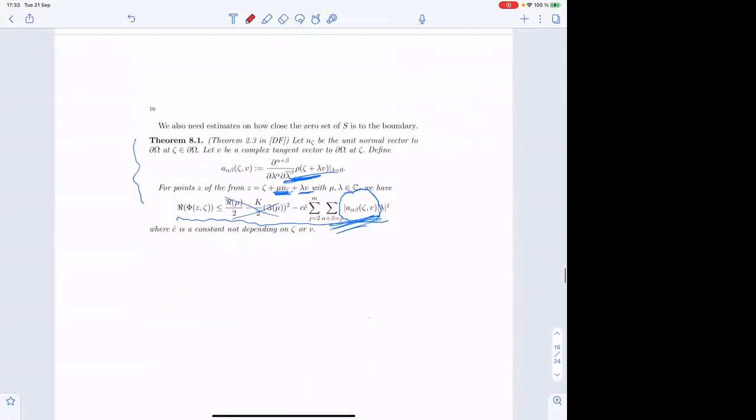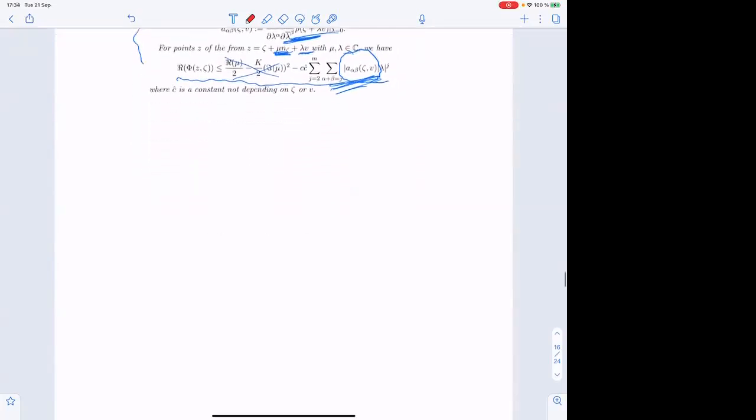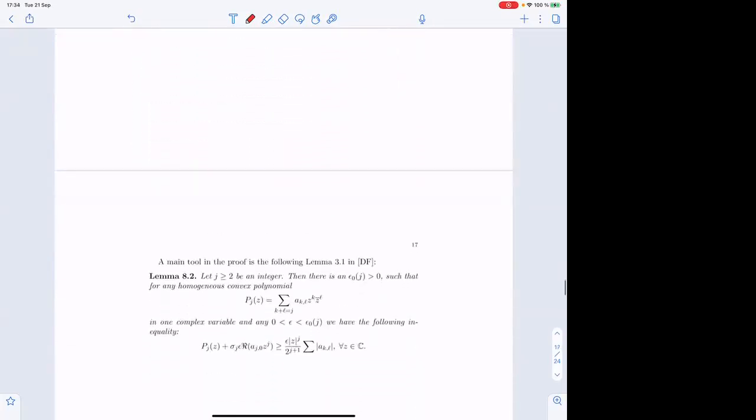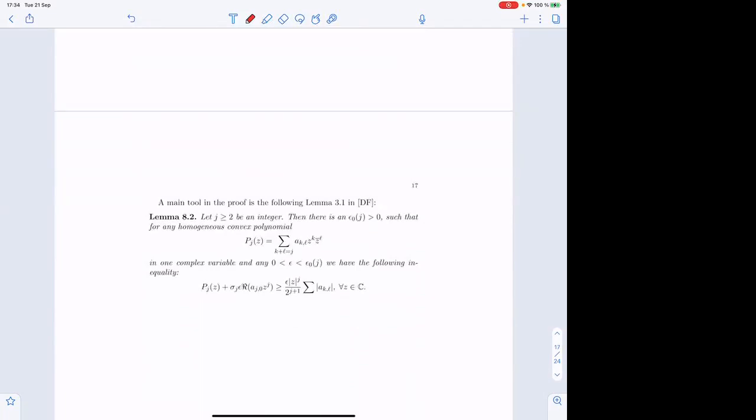So how do you manage to get that? Then you have basically a question of getting rid of the sign of terms. And basically for convex functions in C, we had a lemma, the main tool, to get rid of the sign and only have absolute values of coordinates of these derivatives.